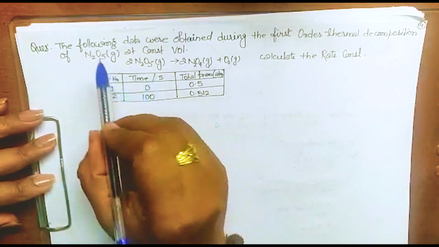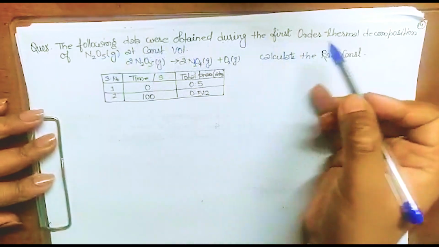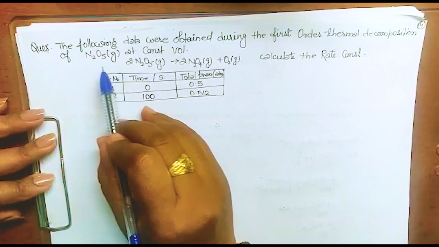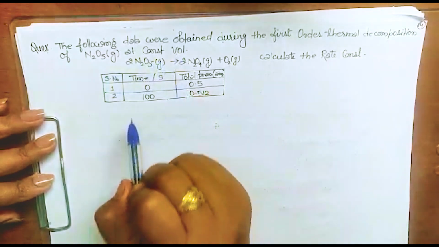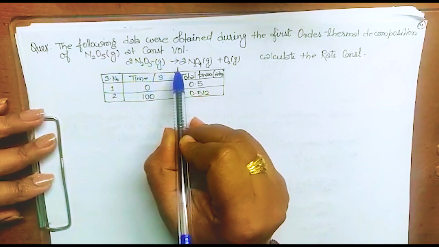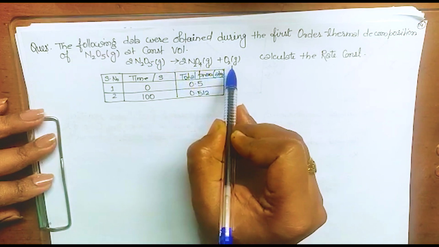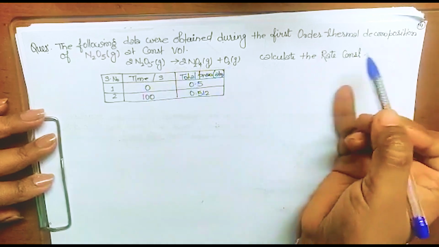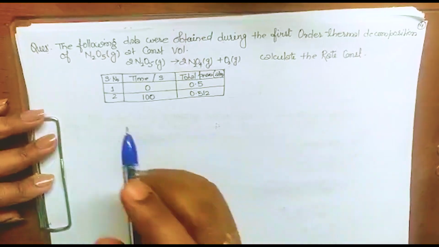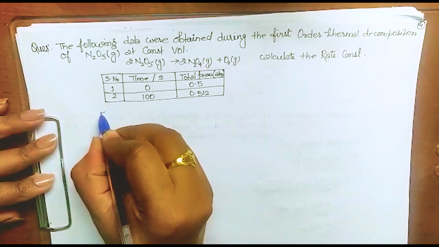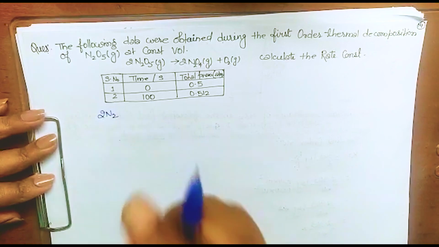The following data were obtained during the first order thermal decomposition of N2O5 gas at constant volume. 2N2O5 gas changes into 2N2O4 gas plus O2, and you have to find the rate constant.